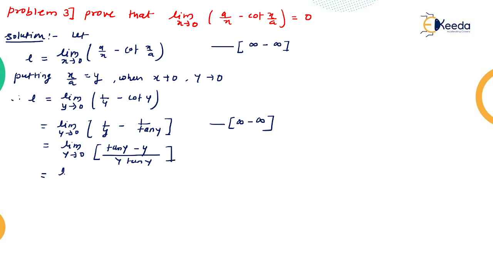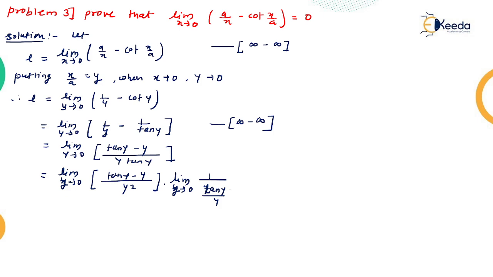So this is equal to the limit as y tends to 0 of tan y minus y, and we have to just adjust here. How is the adjustment done? That is tan y minus y divided by y square, into, when we operate the limit on the denominator as y tends to 0, 1 upon y tan y can be written as 1 upon tan y upon y.